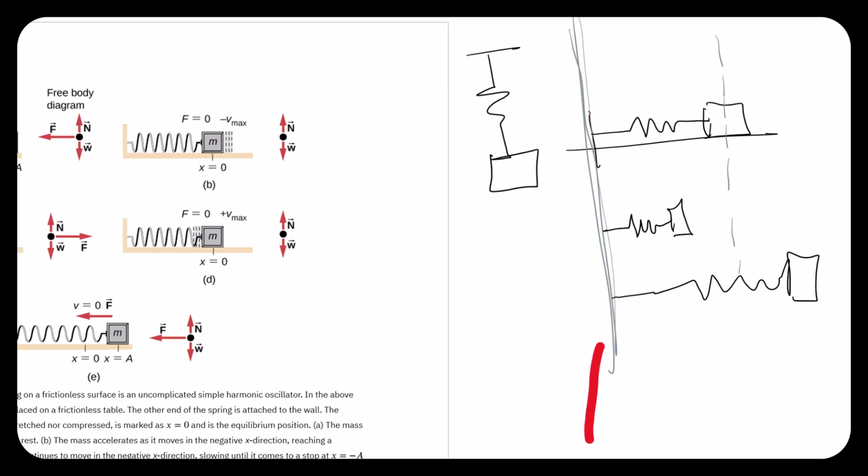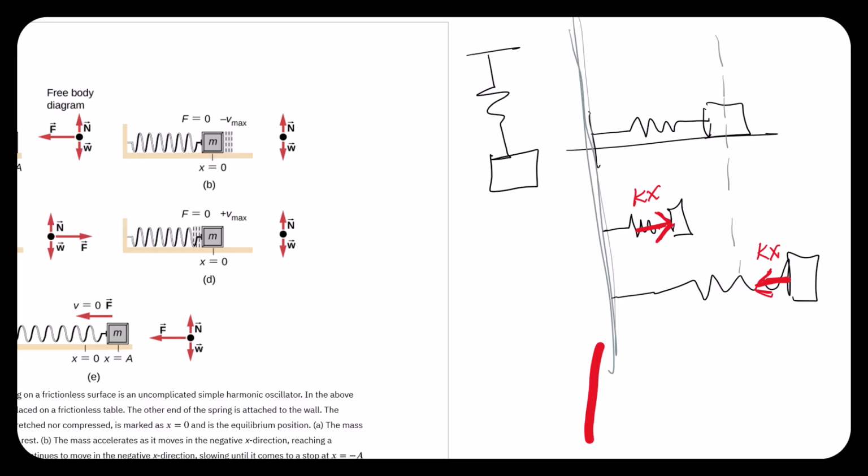So if I'm drawing the free body diagram of the little box here, thinking of it on a flat surface, not hanging, kx is pushing it back. So that would be the force.